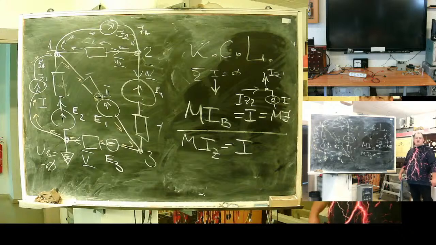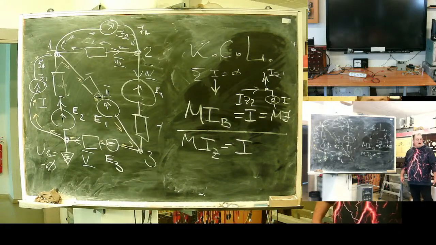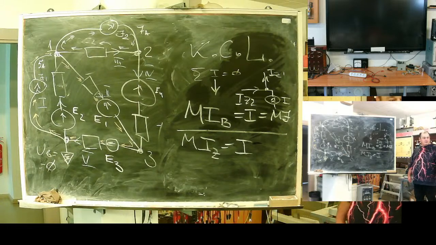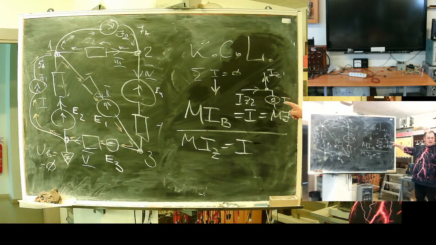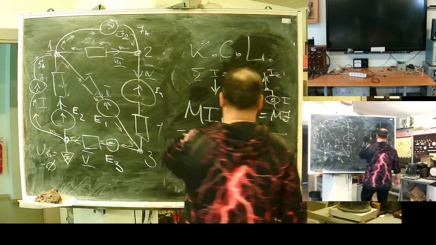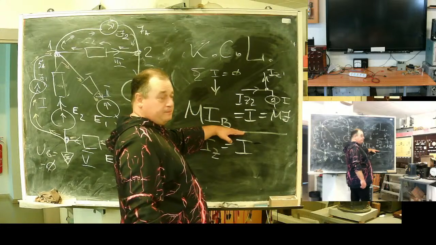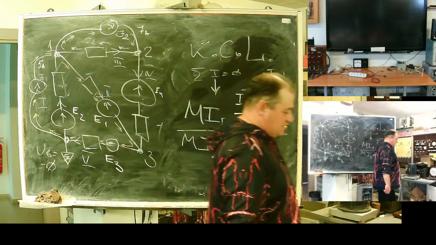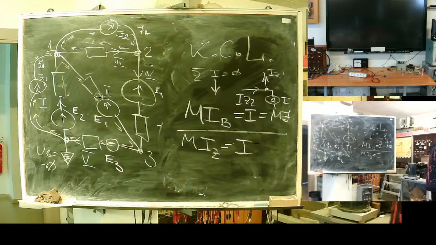Strauss means current, avots means source. You should have a terminology course for one credit point. So the sum of currents in any node equals 0. And here is the Kirchhoff current law. The M matrix, in fact, is the first Kirchhoff current law.